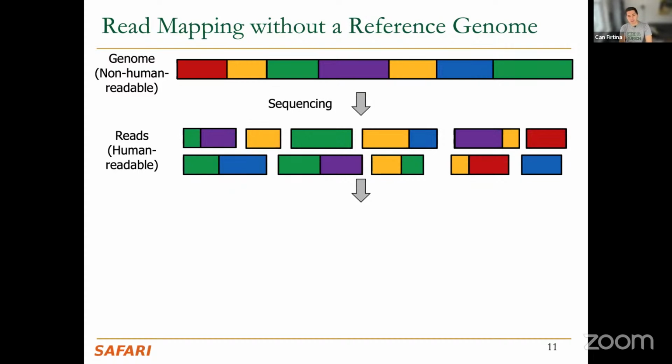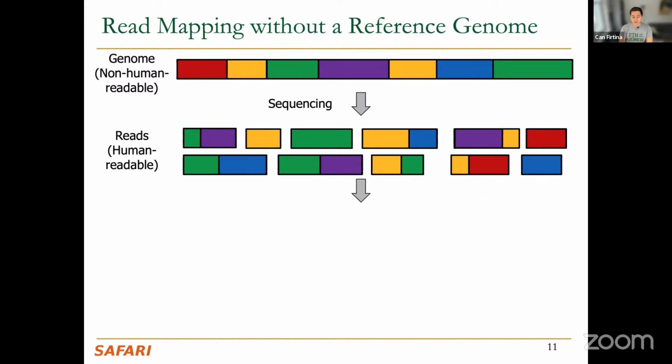So we may not have a reference genome for every organism, but in that case, what are we going to do? We can still reconstruct the genome again, solve the puzzle somehow without looking at the picture.